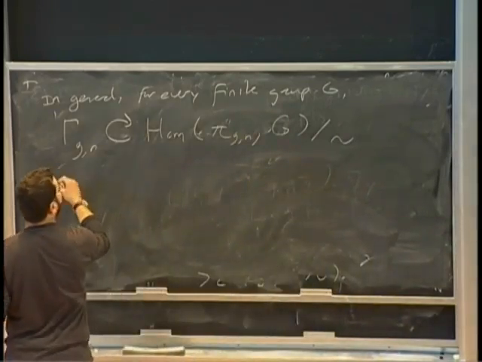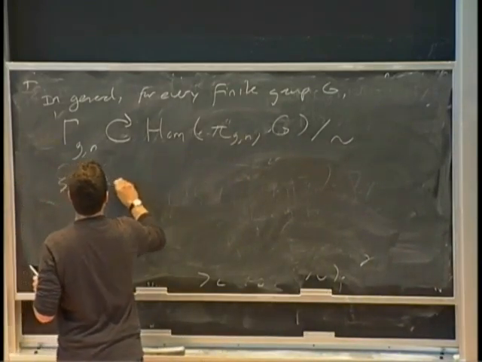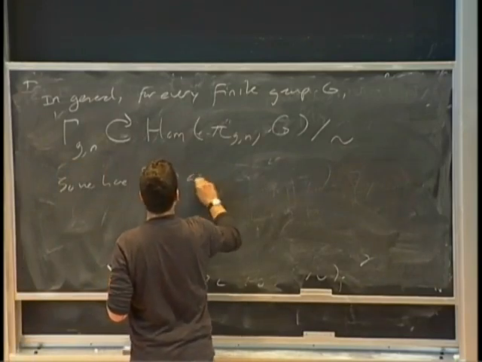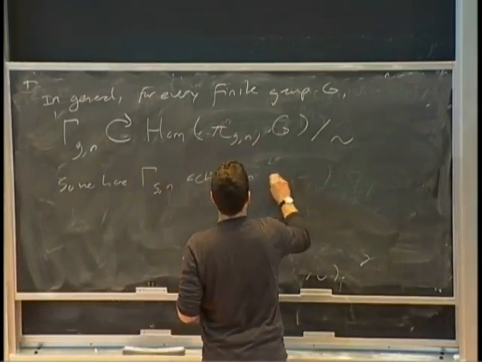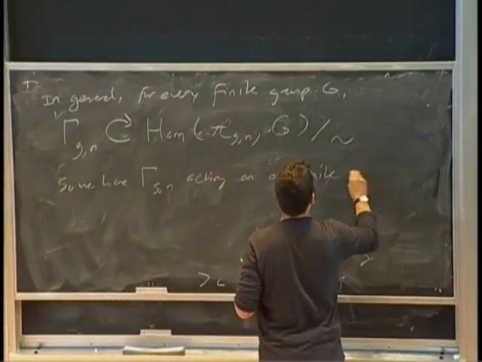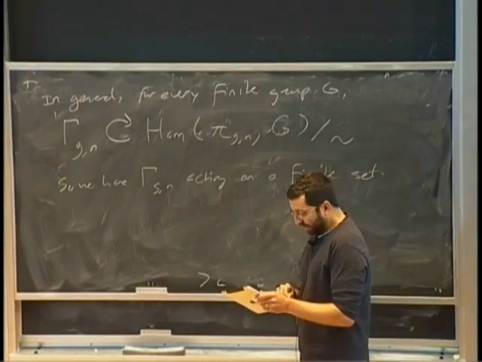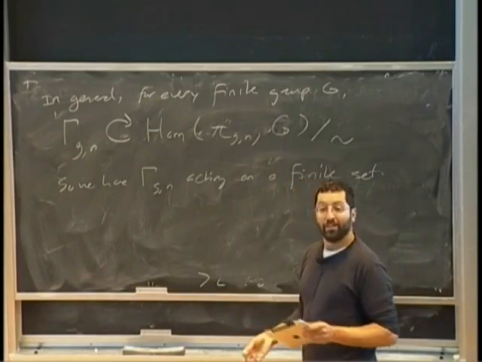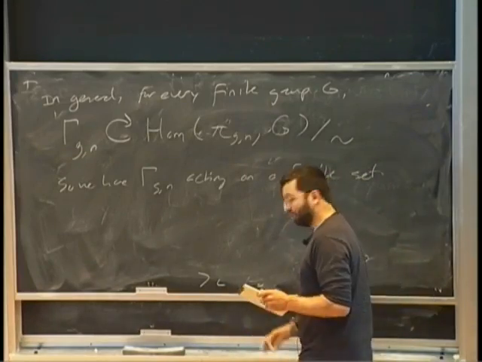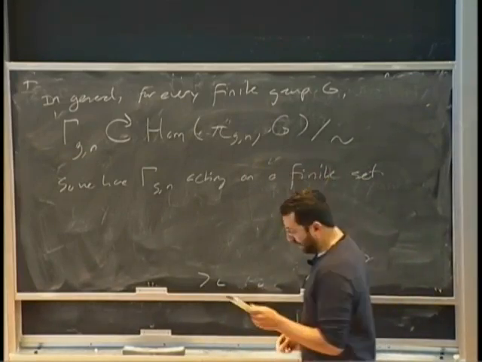So we have gamma g,n acting on a finite set. And actually, one example of this is related to the example that Kurt gave in his talk yesterday. So let me link that up.